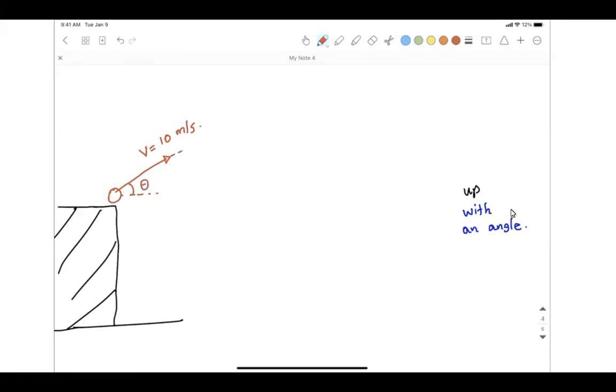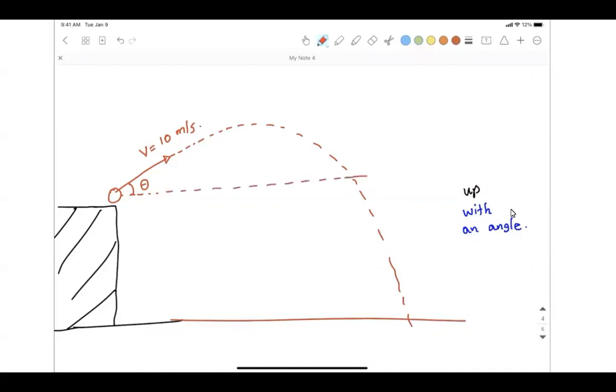It will do the same projectile motion. The only difference is that it does not reach the same level it was projected from, but goes to the maximum height, then starts descending further until it reaches the ground level. So these are a few cases.